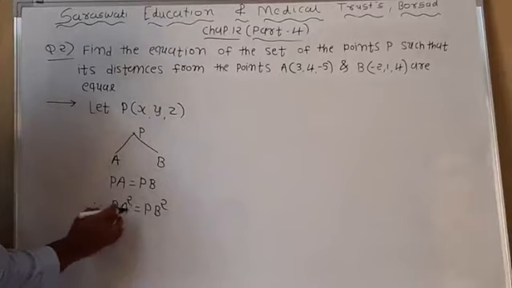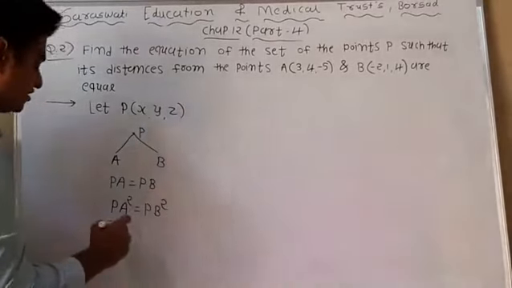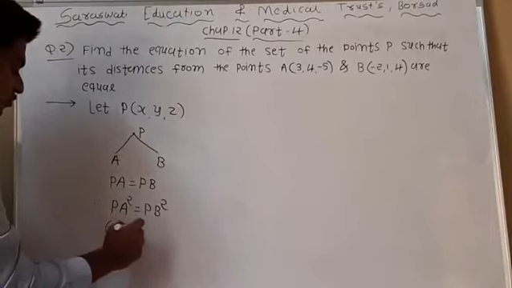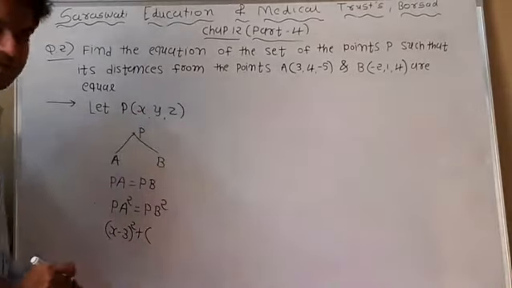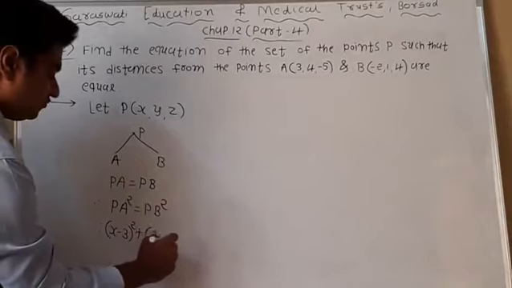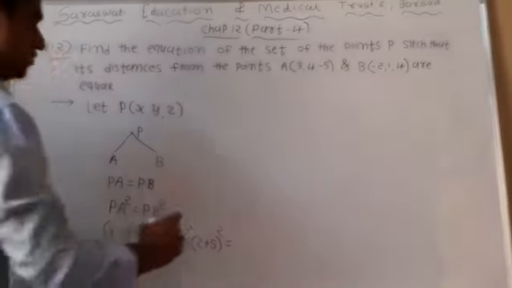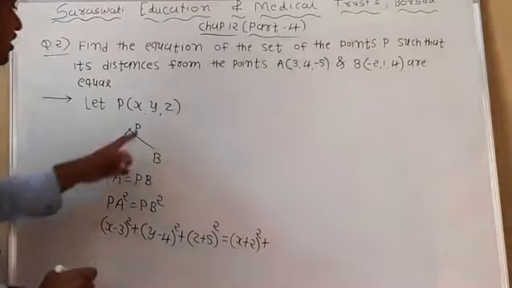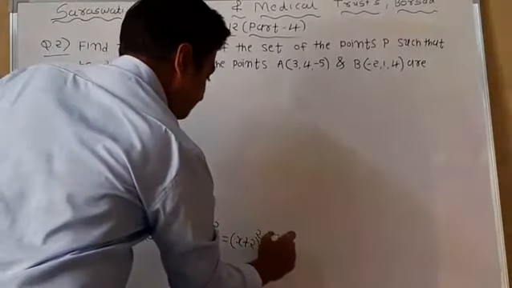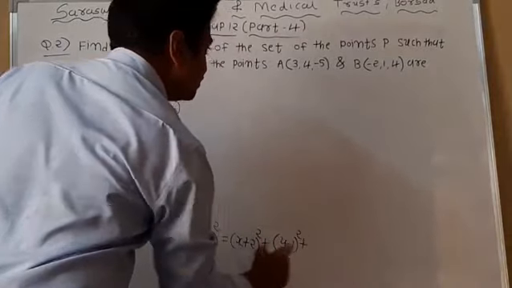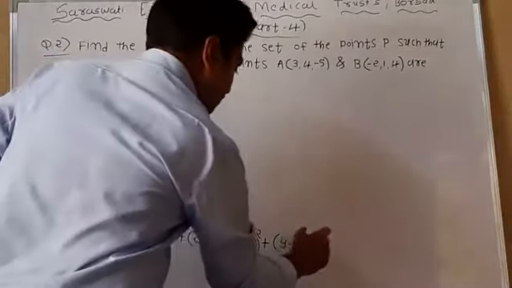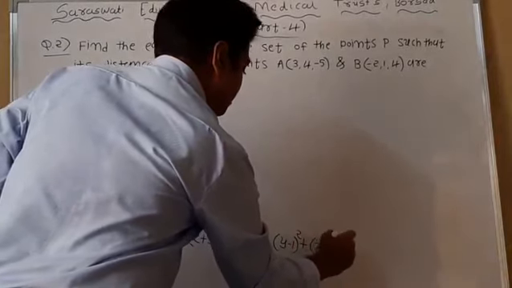So PA square means (x minus 3) whole square plus (y minus 4) whole square plus (z plus 5) whole square is equal to PB square, that means (x plus 2) whole square plus (y minus 1) whole square plus (z minus 4) whole square.